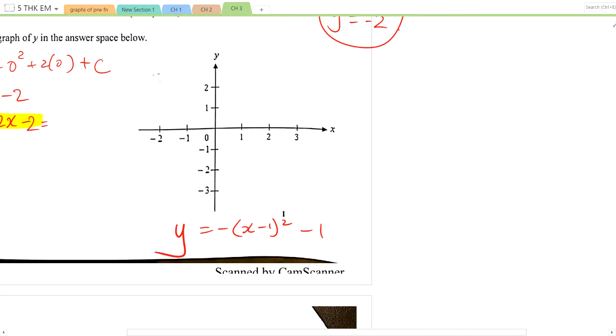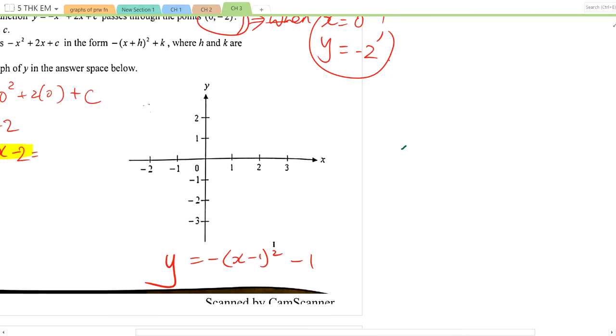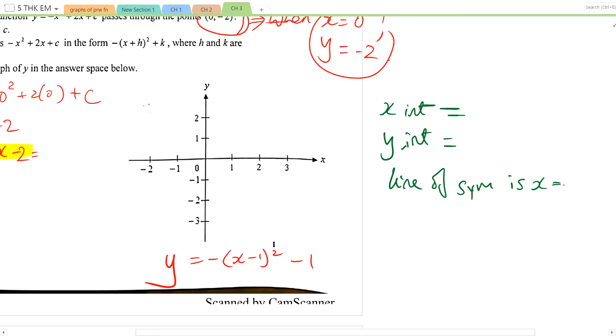Remember when I asked you to sketch, I always told you to, in green color, our x-intercept, y-intercept. Then what else? Line of symmetry, right? Line of symmetry is x equals to something. Then I have a blank point. Equals to bracket. Okay. Let us fill in the blanks.